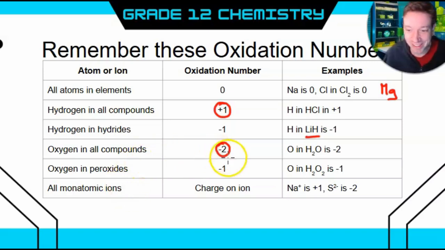It has a high electronegativity. Its oxidation number is going to be -2, unless of course it's bonded with itself in a peroxide, in which case it'll be -1. And if we just had an ion, like an ion in solution, then you're just going to take the charge on that ion. So Na+ would be +1. S2- would be -2.